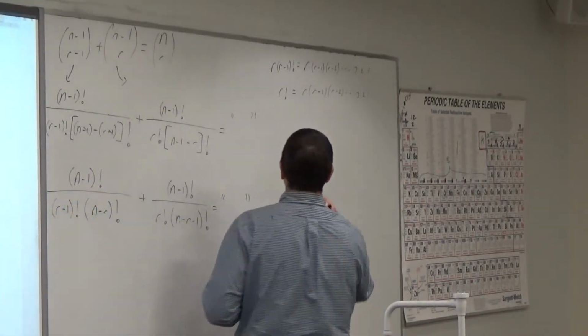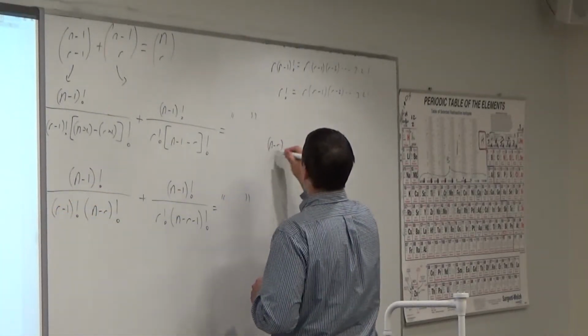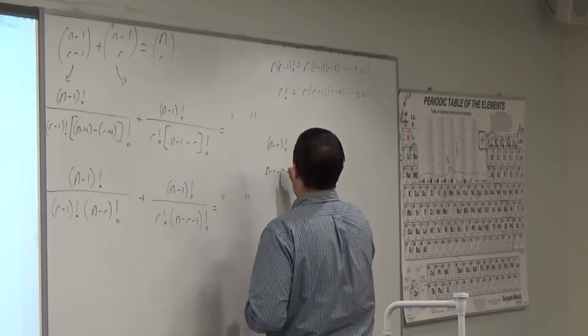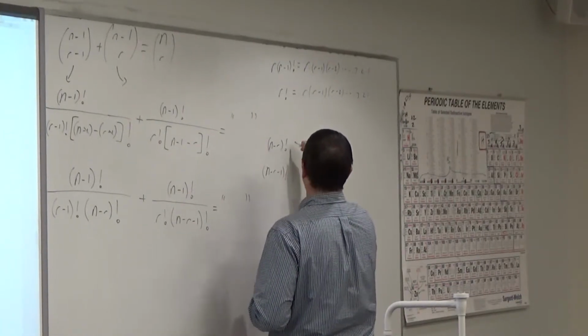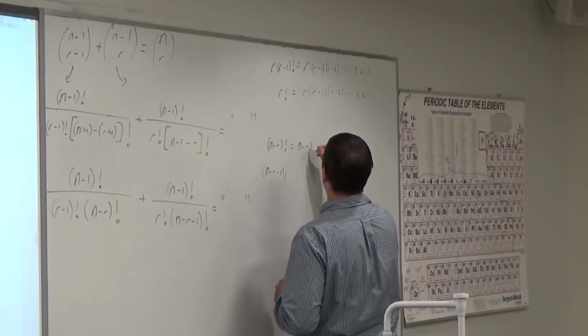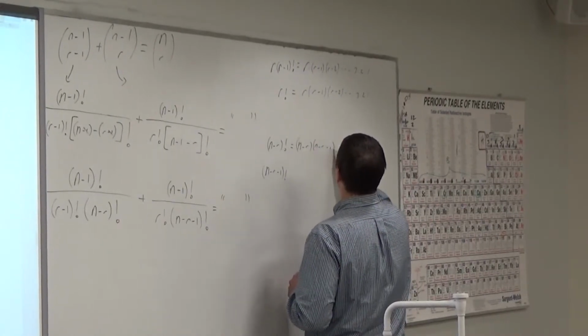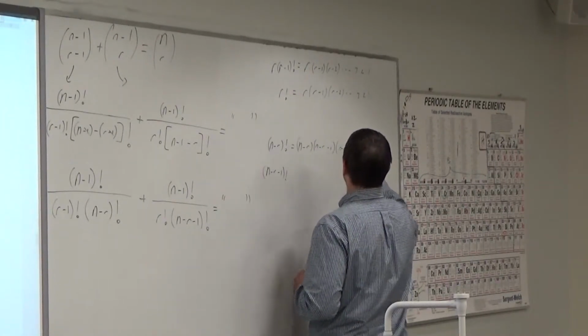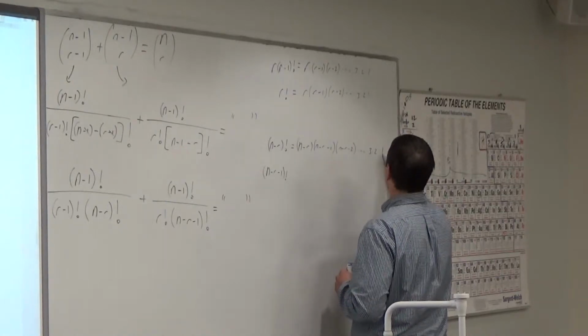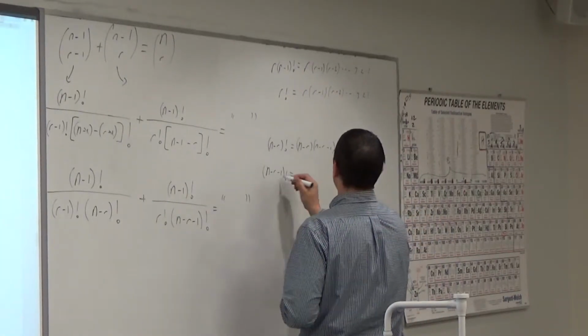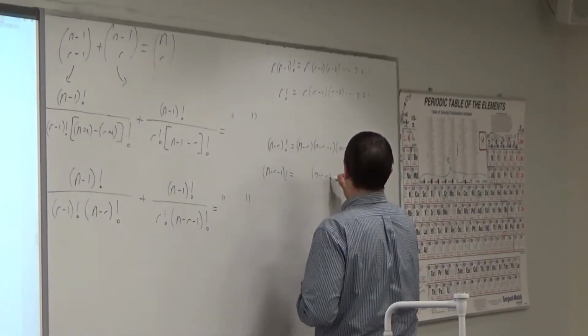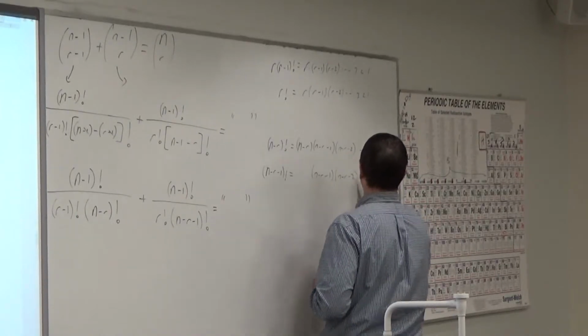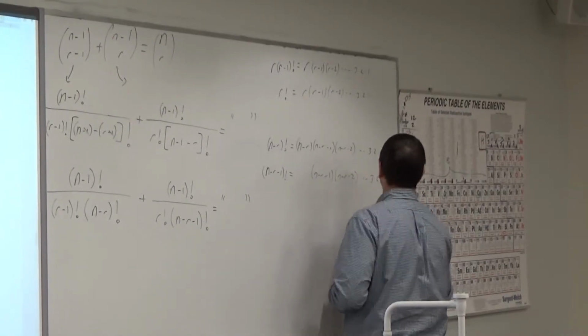What about between n minus r fact and n minus r minus 1 fact? Well, n minus r fact is n minus r, n minus r minus 1, n minus r minus 2, all the way to 3, 2, 1. And then n minus r minus 1 fact is n minus r minus 1, n minus r minus 2, 3, 2, 1.